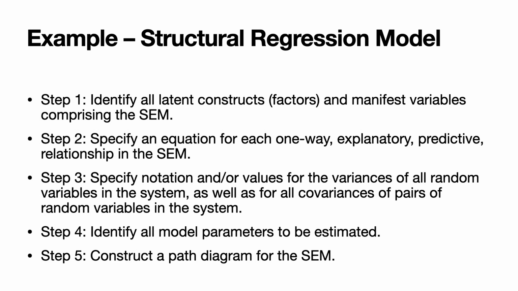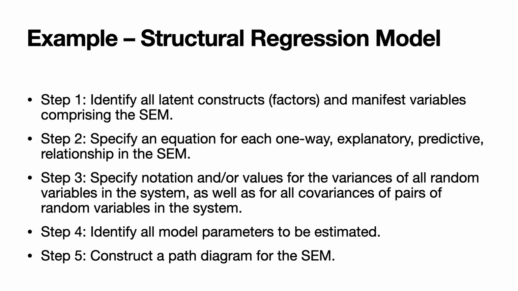To specify the model, we'll go through these 5 steps. Step 1 is to identify all latent constructs and manifest variables comprising the SEM. In step 2, we specify an equation for each one-way explanatory predictive relationship in the SEM.